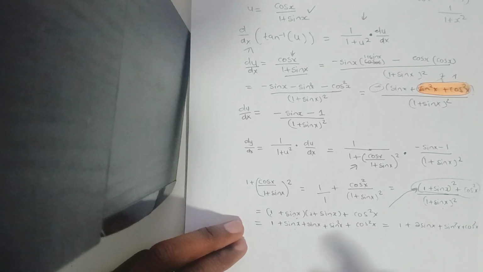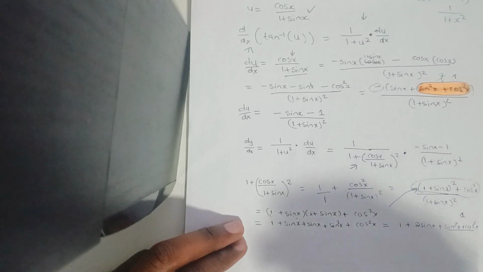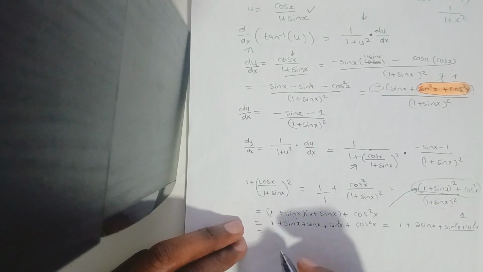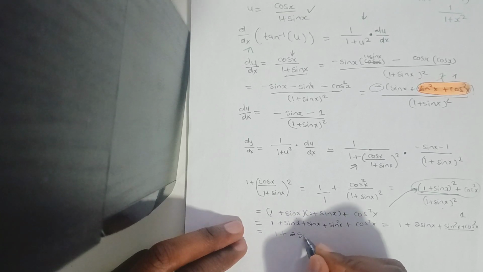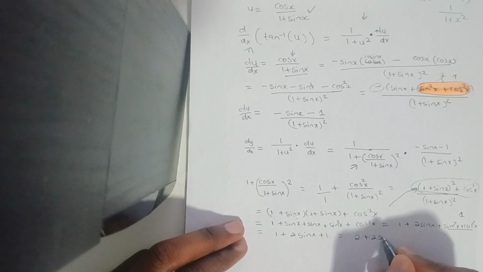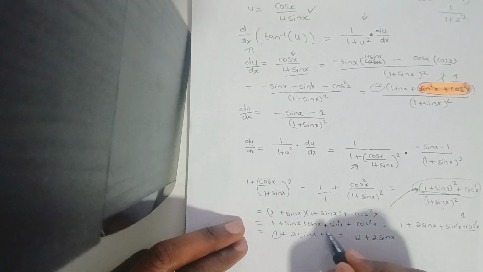Right. So now this one is our 1 because it follows the square identity, right? So it's going to be 1 plus 2 sine x plus 1, which is 2 plus 2 sine x, right? Because now we have added this and this, right?